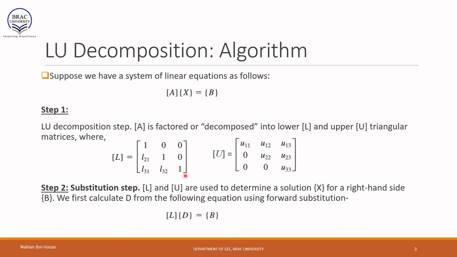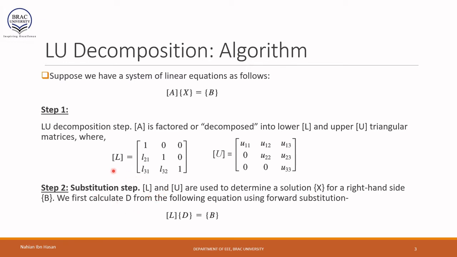We need to find these two matrices, L times U, and later we will see that with these two separate matrices, we can easily find the solutions of linear algebraic equations, or we can find the matrix inversion. So this is step 1: we need to decompose A into L and U. The next step is the substitution step.